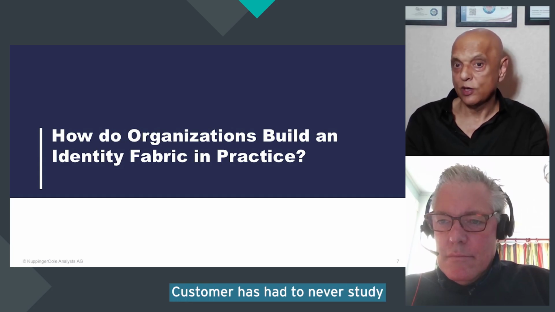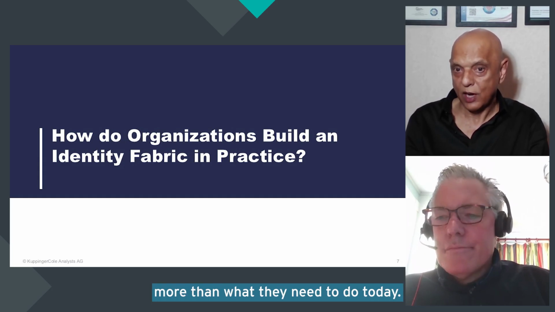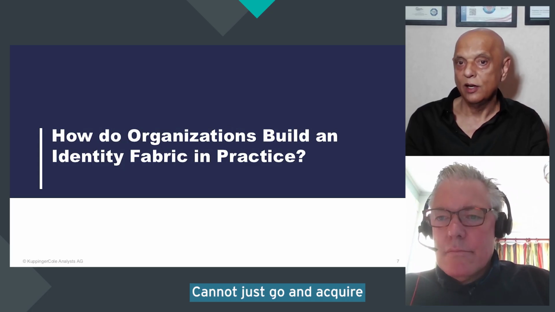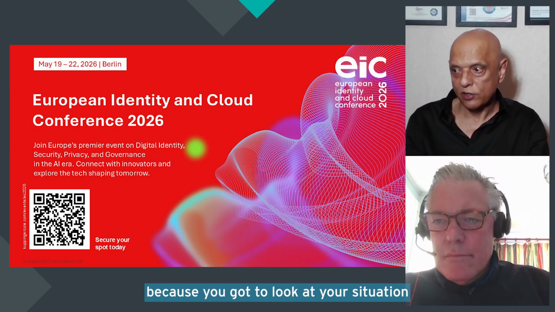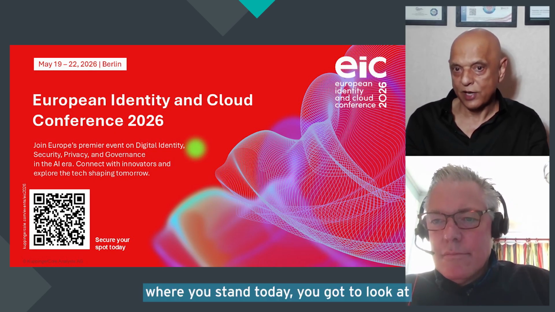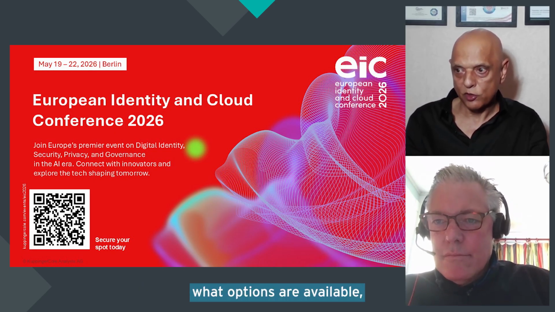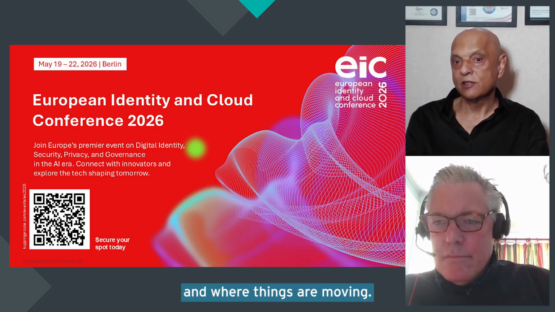Customers have never had to study more than they need to today. You cannot just go and start acquiring technologies, because you have to look at your situation, where you stand today, what options are available, and where things are moving.